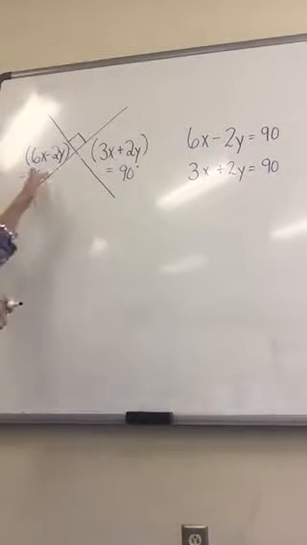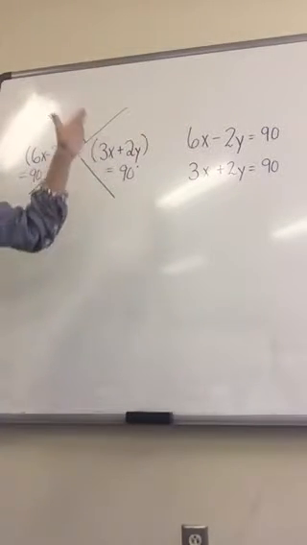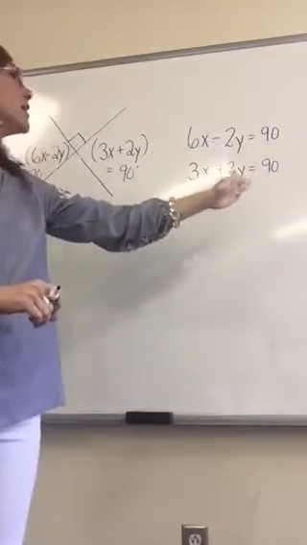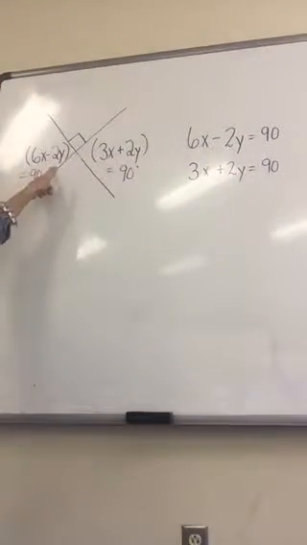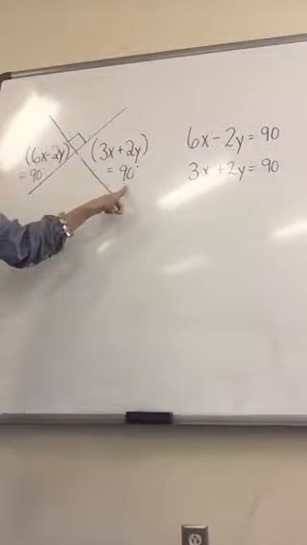So you'll see that I have rewritten one on top of the other, and I have done so in a way that lines up each of the variables and lines up the equal sign. So I have 6x minus 2y equals 90, and I have 3x plus 2y equals 90.